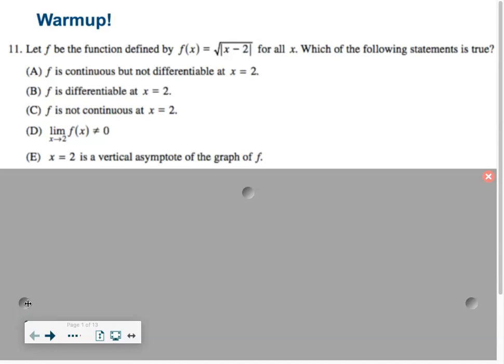So this is like super mega undifferentiable, because this function actually does this kind of a thing.